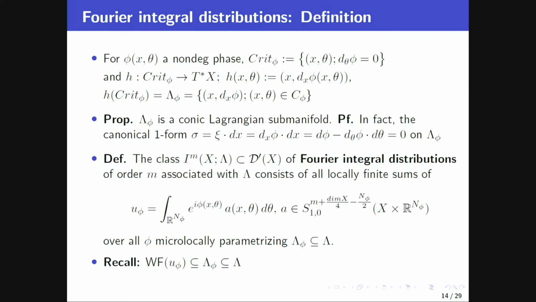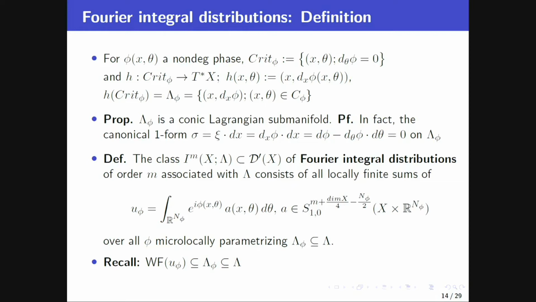Now this is 0 on lambda phi. And d phi is also 0 because of the Euler homogeneity condition. Yeah? When you have a homogeneous function of degree 1, phi is the sum of theta i d theta i. So this vanishes on lambda phi, which means that the second form, which is d sigma, also vanishes here, which means that lambda phi is a Lagrangian, okay? And it has dimension n, and conic also.